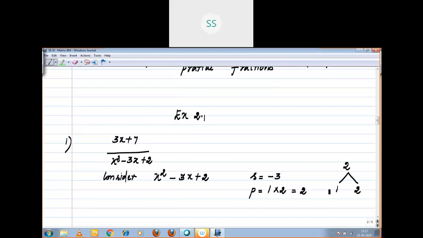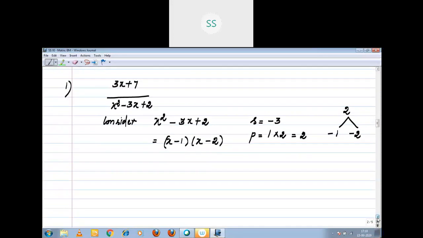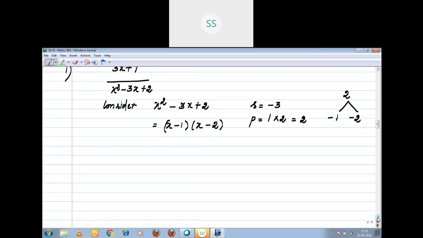Sum is negative, product positive, so both the numbers are negative. Now I express in terms of linear, which is equal to x minus 1 into x minus 2. First, I convert the quadratic polynomial into a product of linear polynomials.